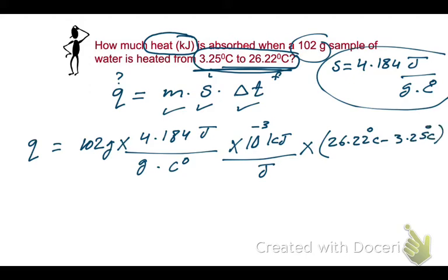So when we do the math, and I am going to show you the outcome of the subtraction here, just because I want to bring your attention to the subtraction rule.